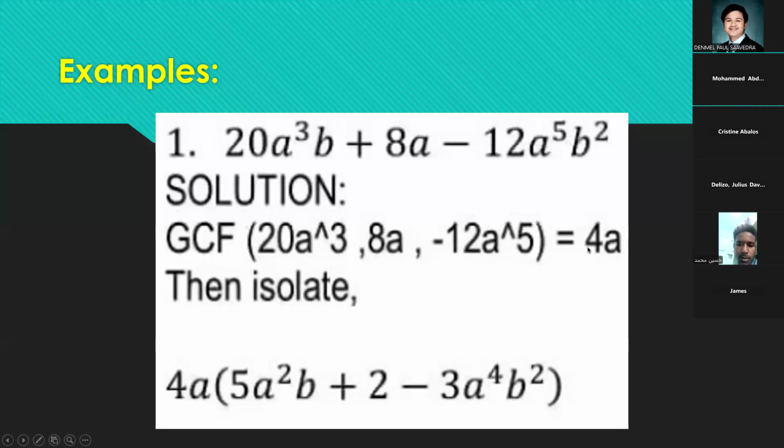And then for the variables, as you can see, all of them have a. And that is why we were able to factor out 1a. For the b, it's not possible since the second one doesn't have b. But for the first, second, and last one, all of them have an a.